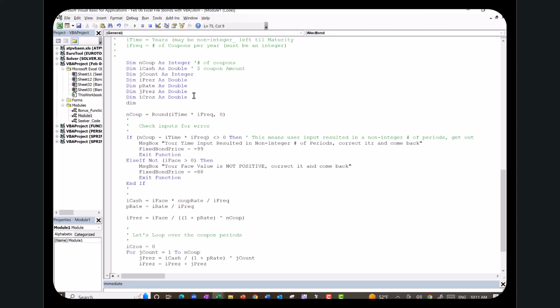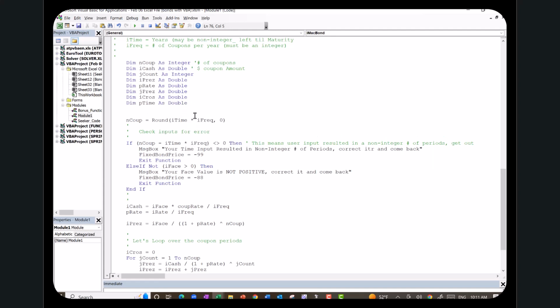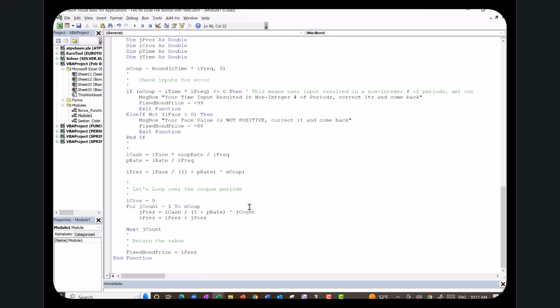Dim, let's call this P time. And it's double, the length of each period. And J time is double. Again, I like declaring my local variables. It is not a requirement, but it's my programming style.